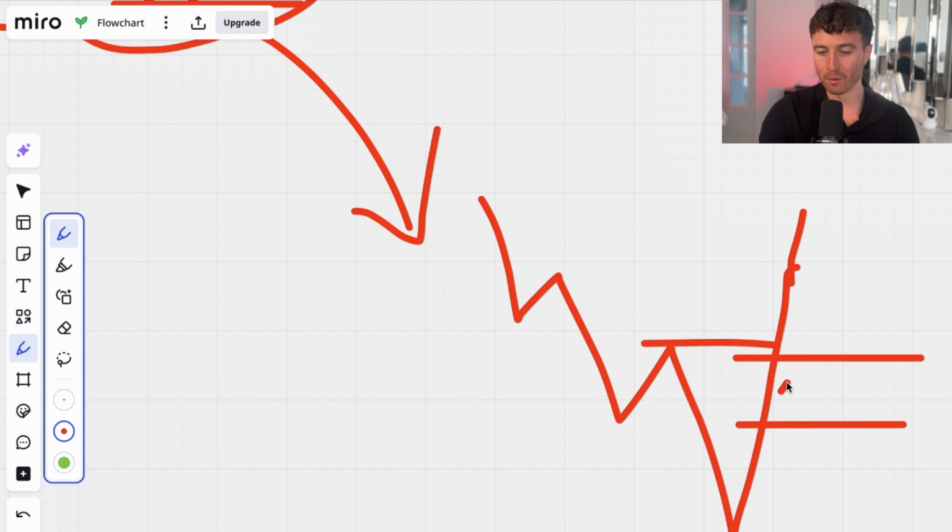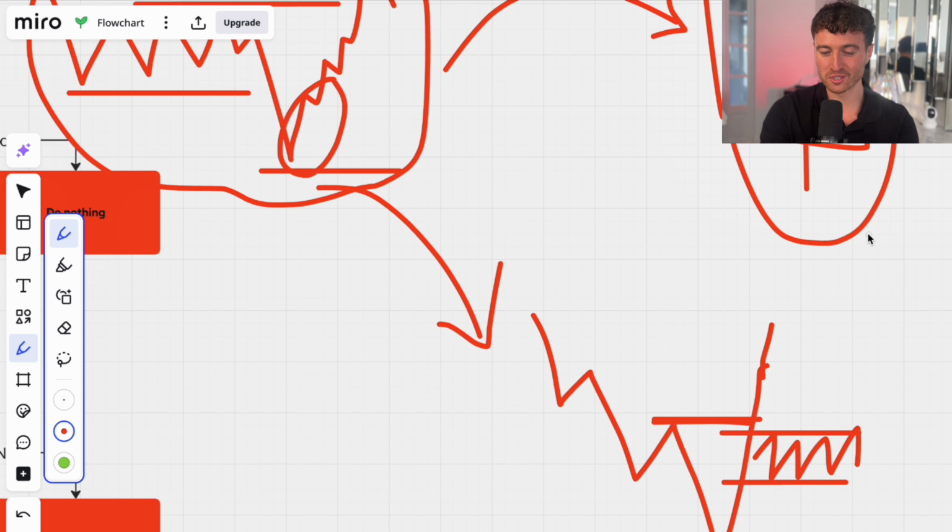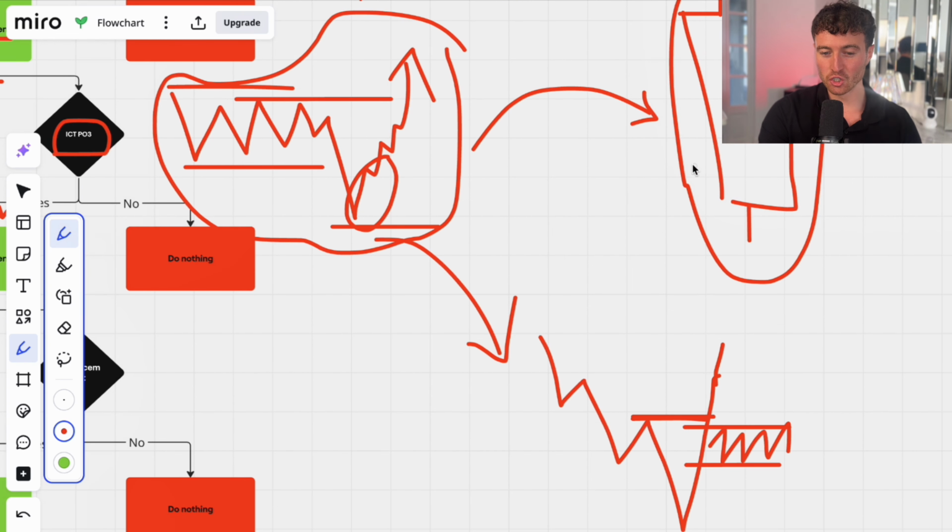So this could be in the form of a fair value gap, and this is also in the form of a market structure shift.